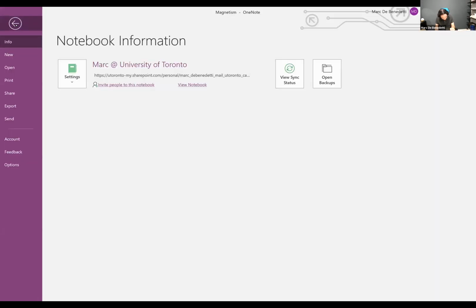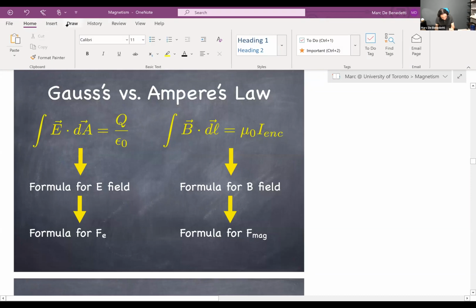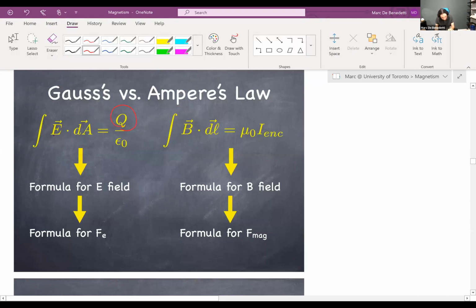We related the source Q to the field E. And the idea behind Gauss's law is we use Gauss's law in conjunction with F equals QE to obtain a formula first for the electric field E and then F itself, right? So our end game with the previous chapters was to obtain and quantify a value and a formula for the electric force. And we did that through Gauss's law.